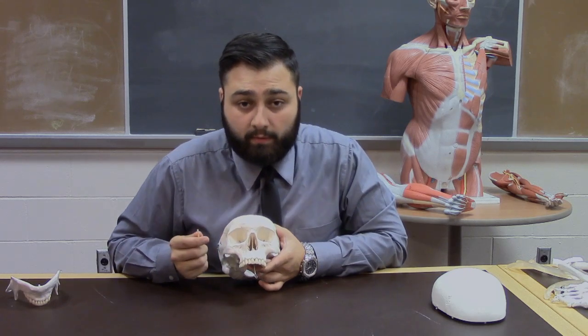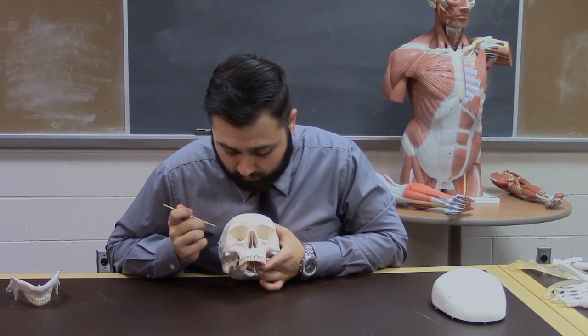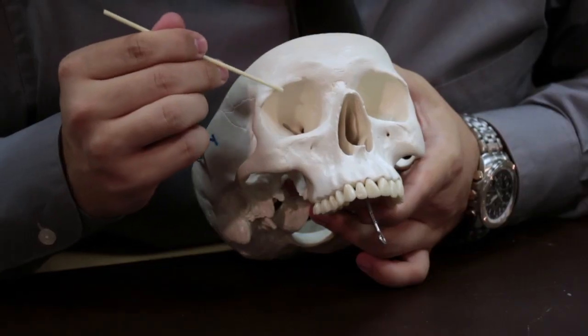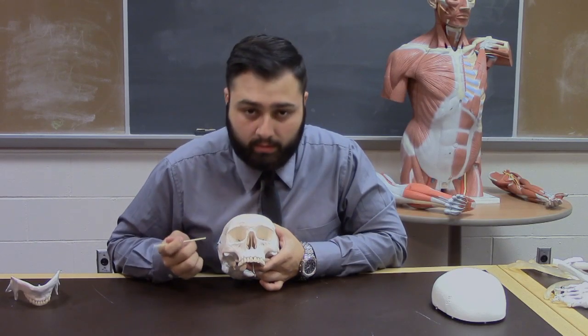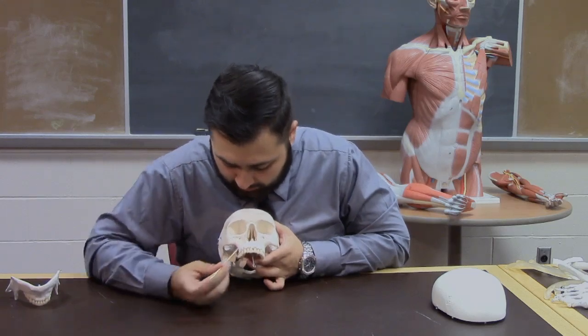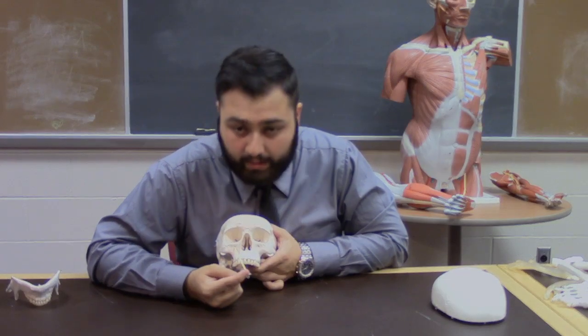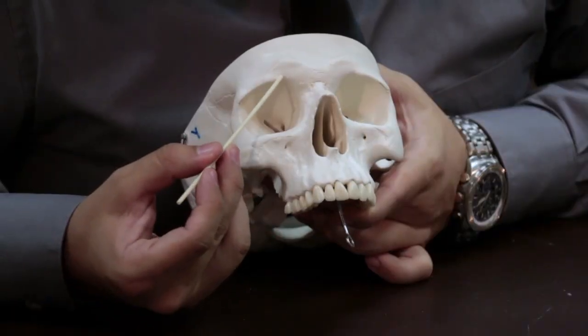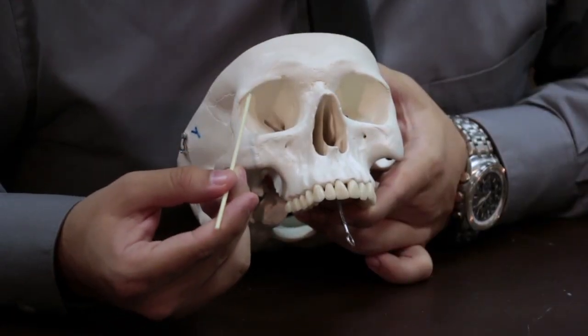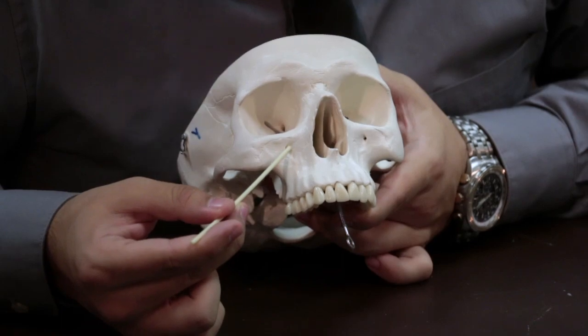In your books it could be a foramen, so you need to know which one's which. Right here, supraorbital ridge or supraorbital margin, same thing. Right here, infraorbital foramen. So supraorbital foramen or notch, supraorbital ridge or margin, infraorbital foramen.